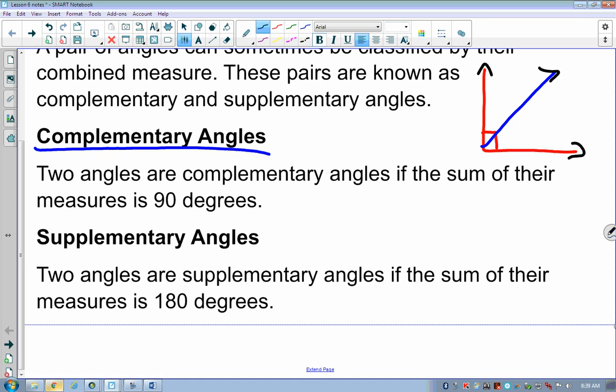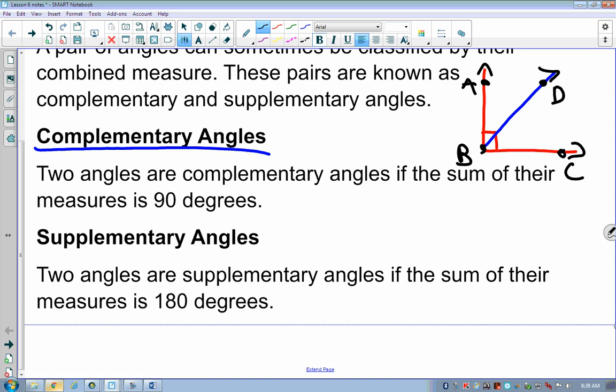We'll call it A, B, C, and D. Angle ABD and angle DBC are complementary angles. They add up to 90 degrees. Do you follow me? Write it down, type it, put it wherever, but hold on to it. Complementary means adds up to 90.